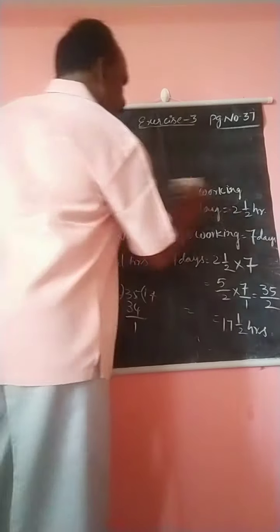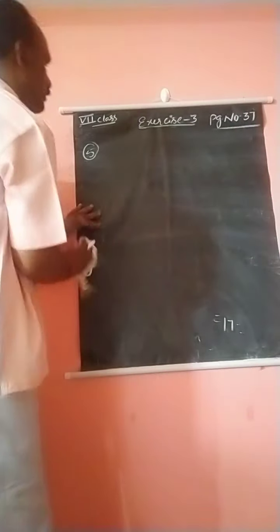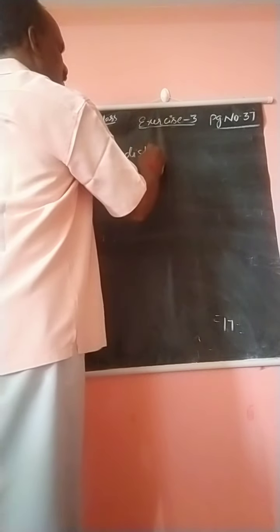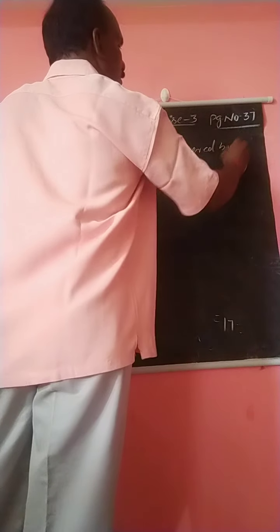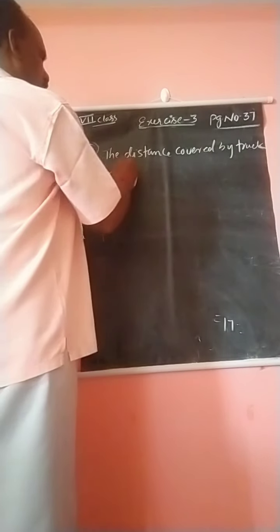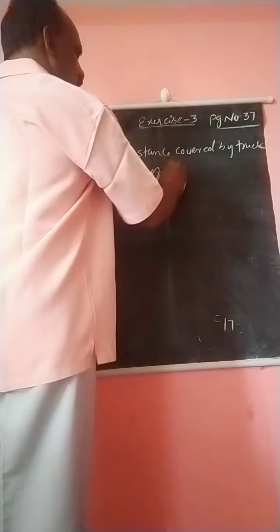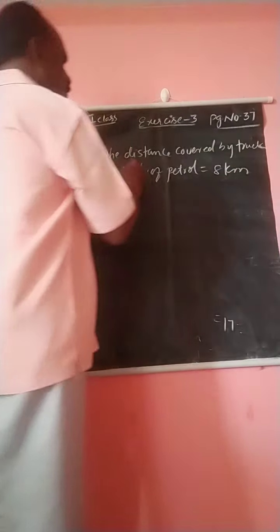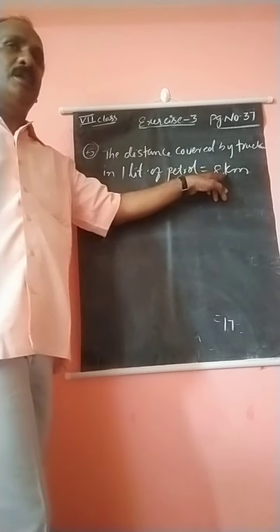So listen here. The distance covered by the truck in 1 liter of petrol is equal to 8 kilometers. With 1 liter of petrol, how many kilometers does it travel? 8 kilometers.